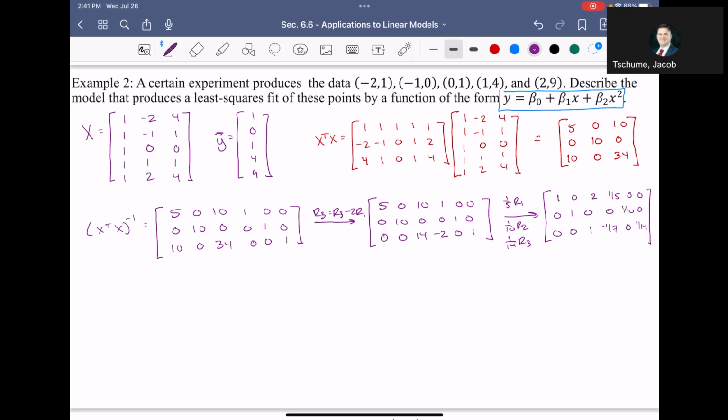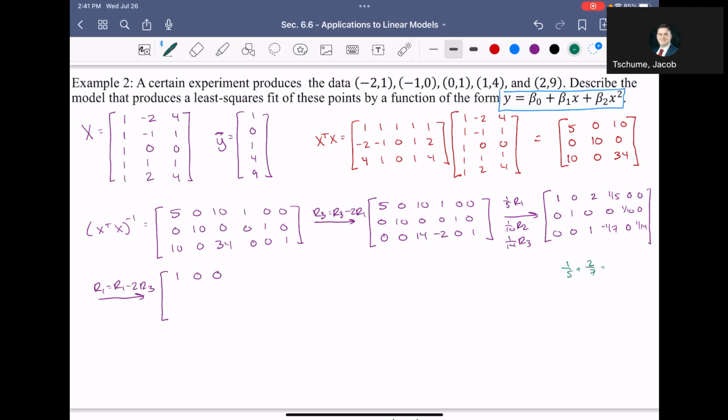And so now I need to get rid of that 2 on the top of column 3. So I'm going to take row 1 and subtract 2 row 3s. And that will give me 1, 0, 0. And so we've got 1/5, and that's going to end up being plus 2/7. I got to do a little scratch work here. So 1/5 plus 2/7, let's see, that's going to end up being 35 on the bottom.